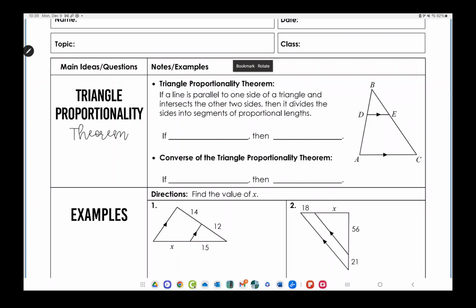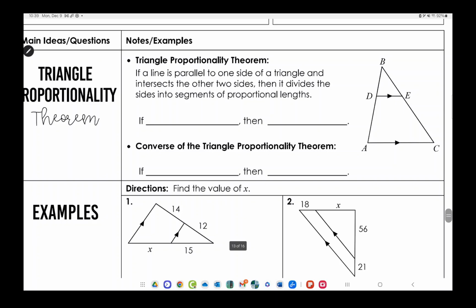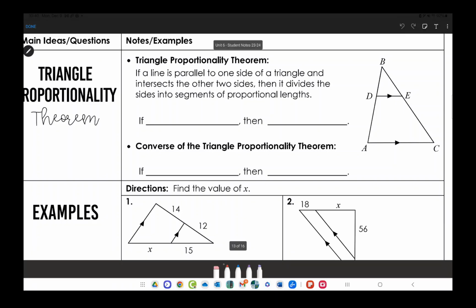So, triangle proportionality theorem. A line intersects a triangle, and that line is parallel to the base, the non-intersected side, then it creates proportional sides of that triangle.